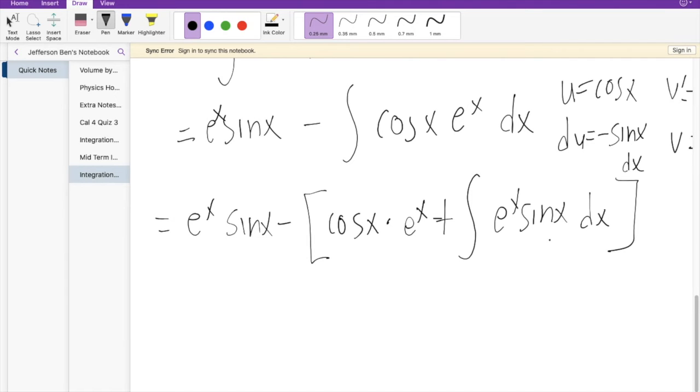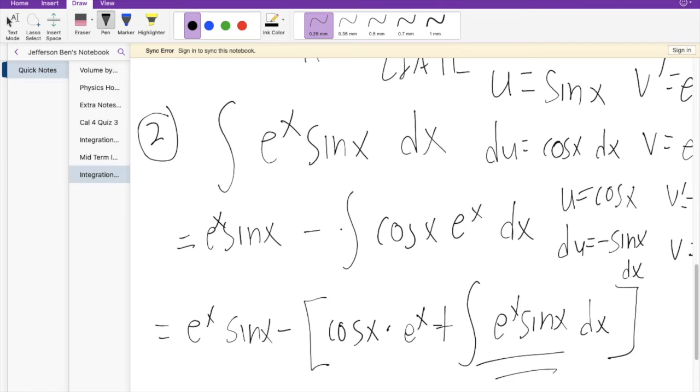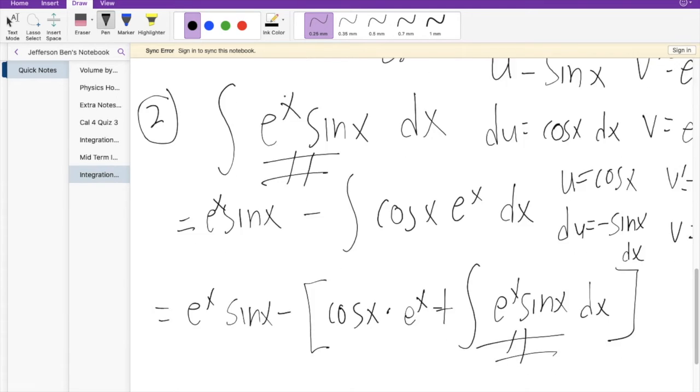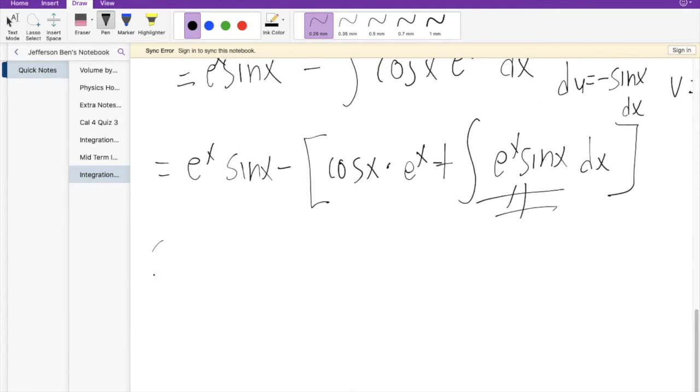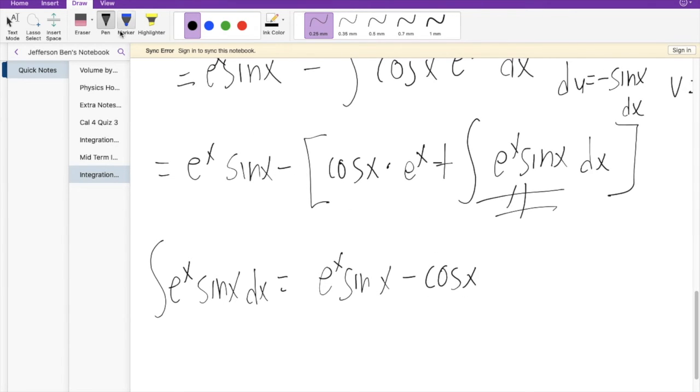However, if you notice, this integral is actually equal to the question given. It's exactly the same. So since we know that the integral of e to the x sine x dx is equal to this whole expression, e to the x sine x minus, expanding the sign, e to the x cos x minus the integral of e to the x sine x dx. I prefer to put e to the x in front because it's nicer.